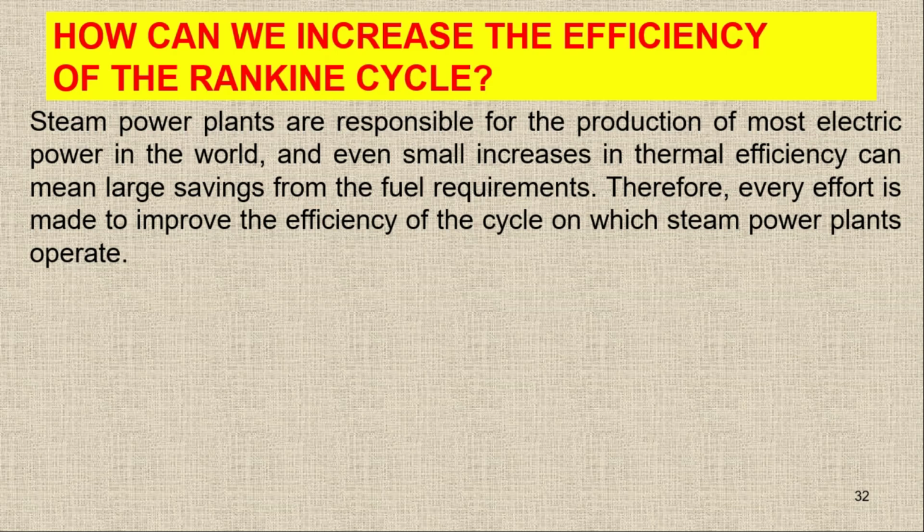So if there is a small increase in the thermal efficiency, it means you are going to produce more power and save fuel as well, because when we say efficiency increases, you are getting more power while using less fuel. Therefore every effort is made to improve the efficiency of the cycle on which the steam power plants operate.